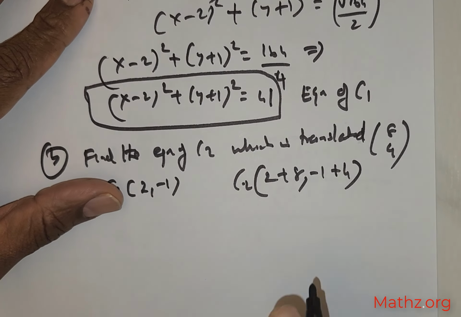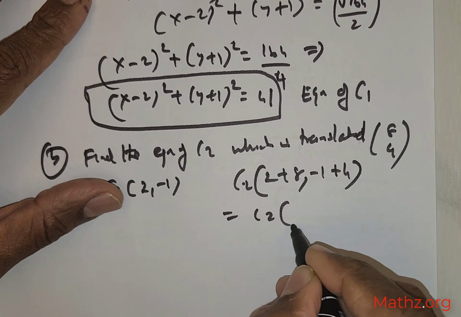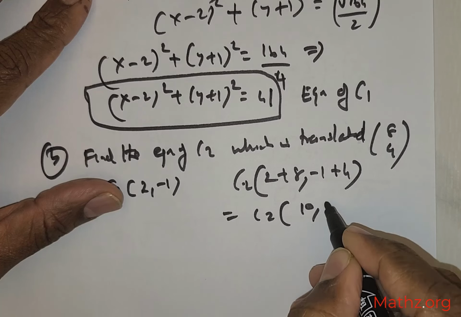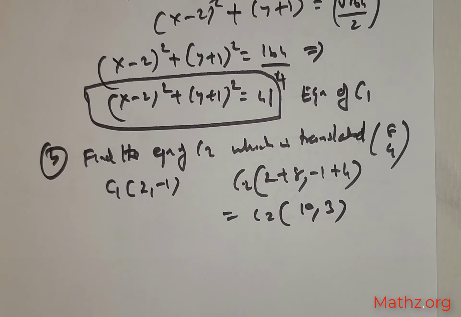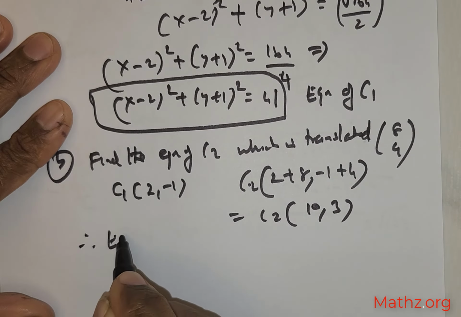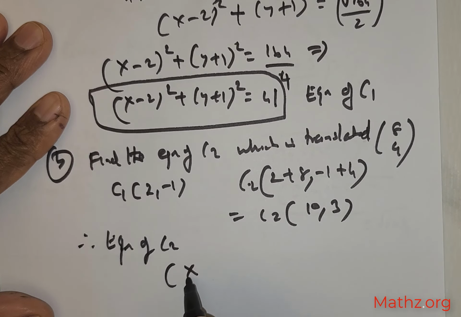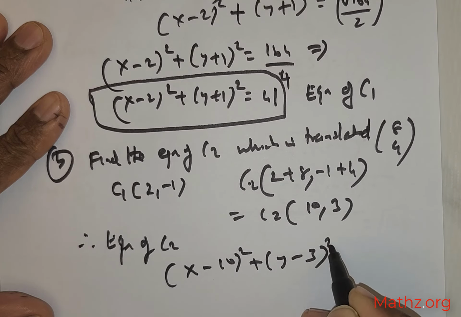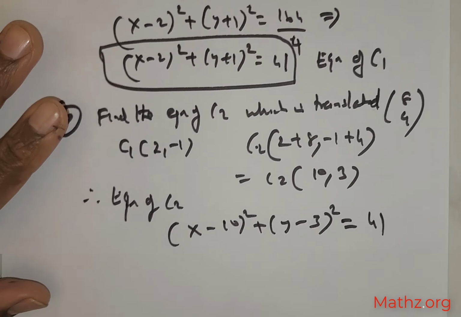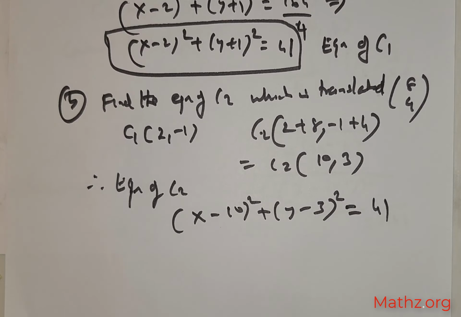So this is how the translation takes place. So the new center is going to be 10 comma 3. So therefore the equation of C2 is going to be x negative 10 the whole squared positive y negative 3 the whole squared is equal to 41. So that is the solution for this question.